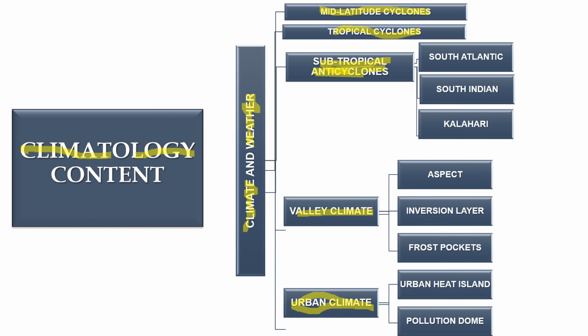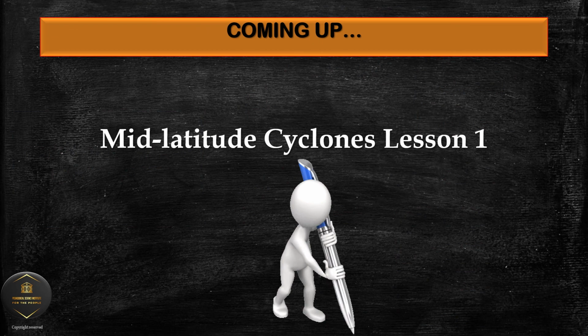With subtropical anticyclones, we'll be looking at the types of anticyclones: South Atlantic, South Indian, Kalahari. With valley climates, we'll consider some core concepts, which are aspect of slope, what the inversion layer is, and what frost pockets are. With urban climates, we'll look at the concept of urban heat island and the pollution dome, how they inform each other and their interactions thereof. So that's what we'll be looking at in this section of work.